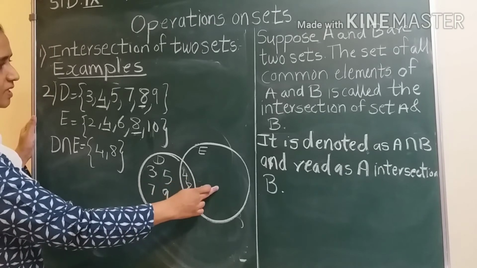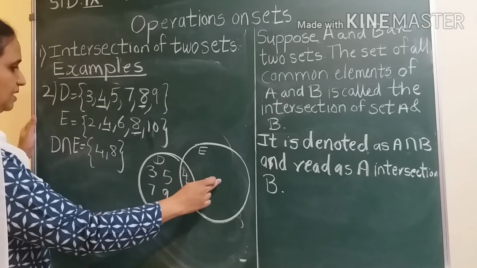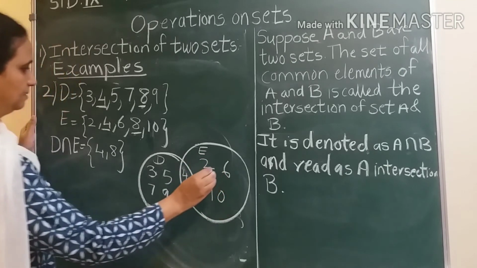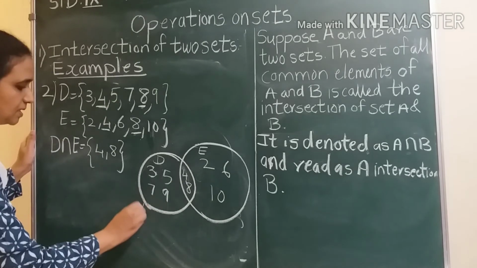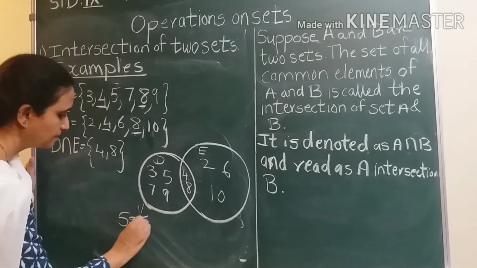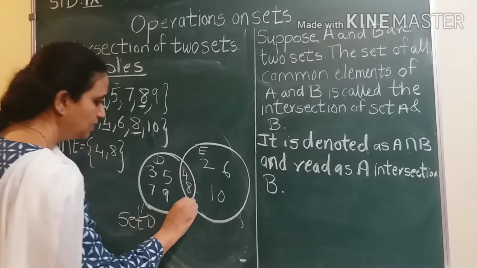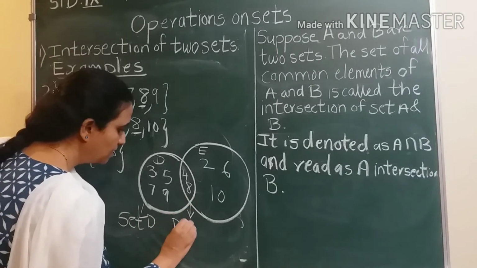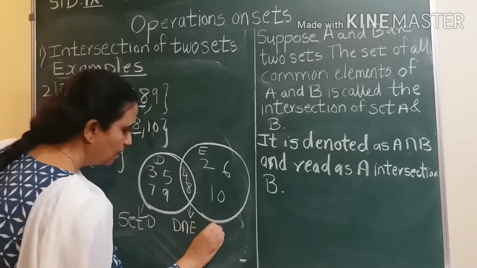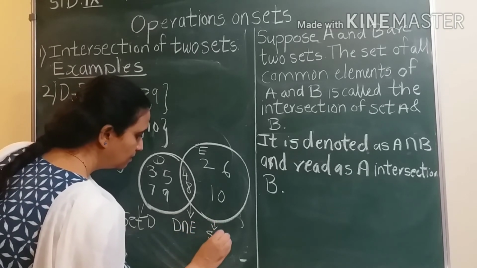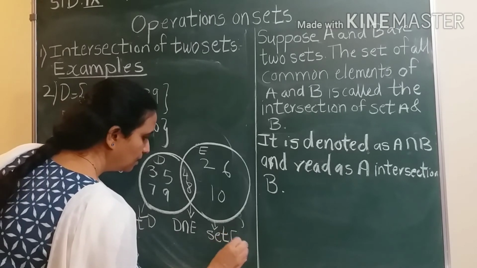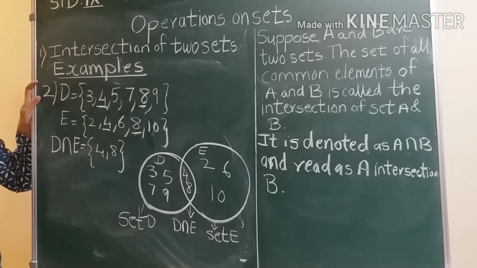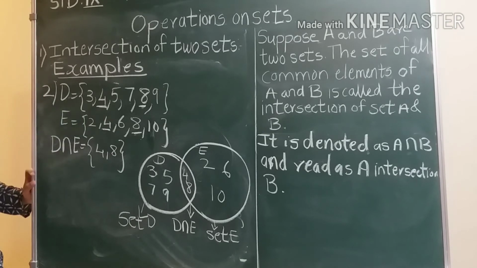Same way remaining elements we will write in set E. That is 2, 6 and 10. This is set D. This portion shows D intersection E, and this is set E. So this is your second example. Copy down this example.